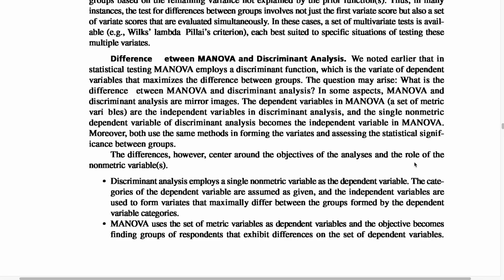Discriminant analysis employs a single non-metric variable as the dependent variable. The categories of the dependent variable are assumed as given, and the independent variables are used to form a variate that maximally differentiates the groups formed by the dependent variable categories.